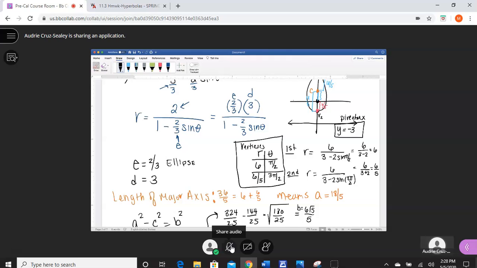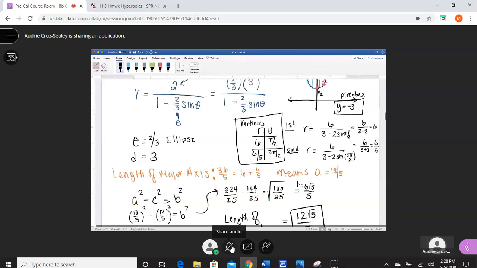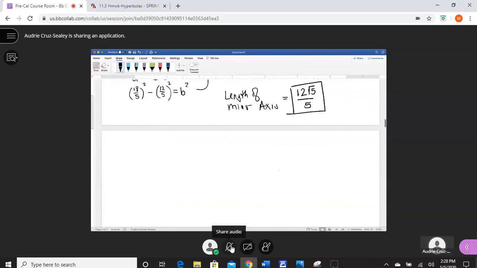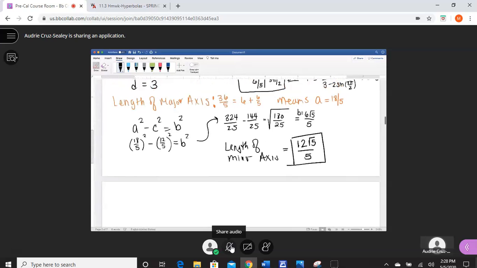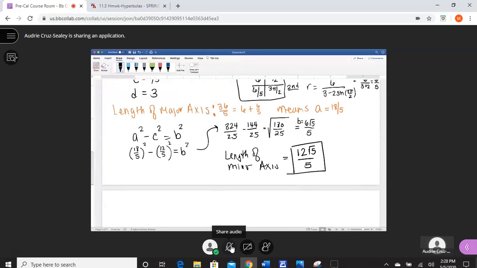And I'm trying to think if that would be the same thing in polar. What was our C? Our C was 12/5. Where's my calculator? Our C is 12/5.